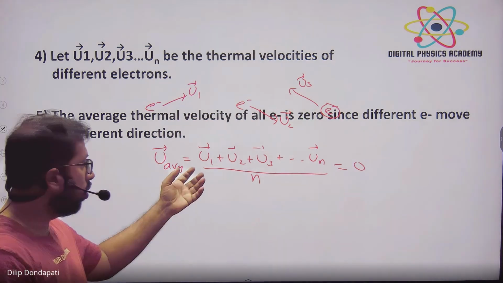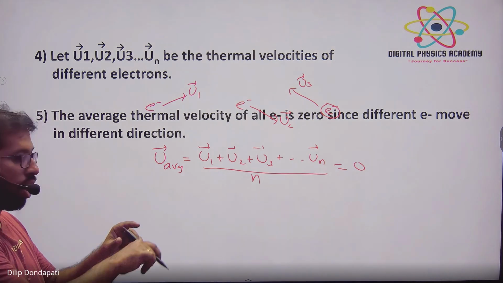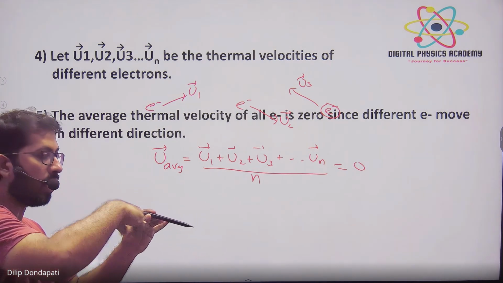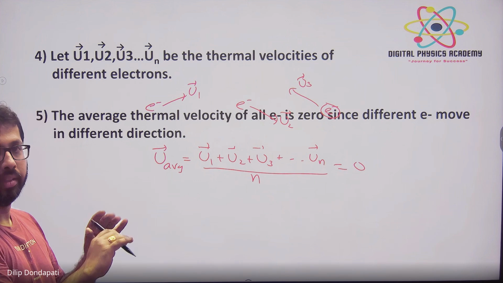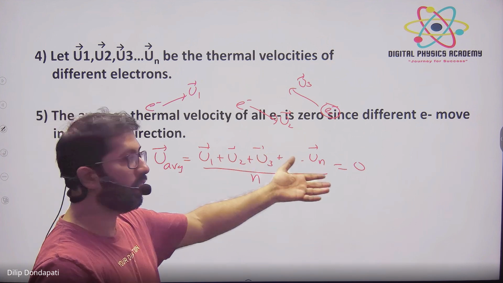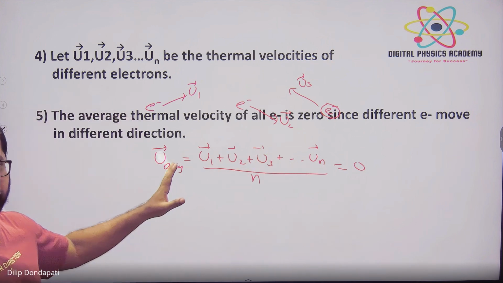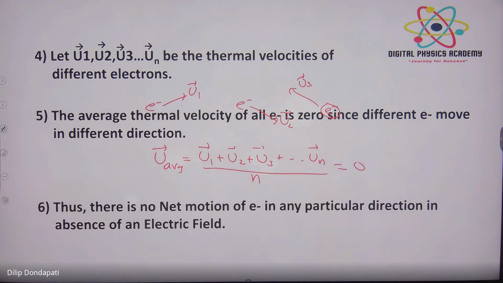That's why there is no current without any external electric field or any battery. In a normal wire, even though the electrons are moving here and there, they are not moving forward. That's why there is no current. If there is charge motion, there should be current. So there is no current because average velocity is 0. That means there is no net motion of electrons in any particular direction in the absence of electric field.